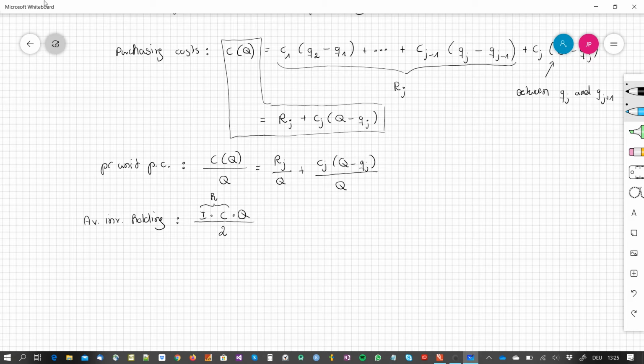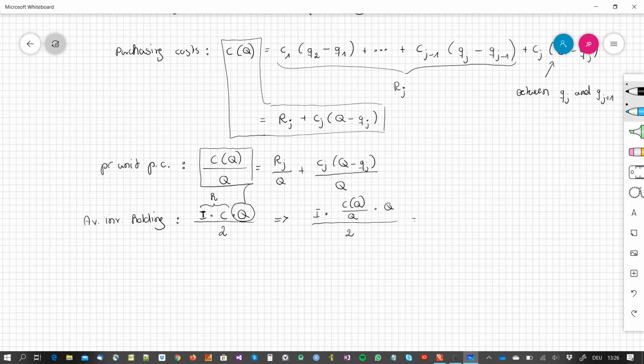This was what, when we derived the EOQ formula, we also called our inventory holding cost factor H. Now we regard it for the pricing scheme and the interest rate. And we can now set in the per unit purchasing cost for our Q. So this becomes E multiplied by C of Q divided by Q. And here we had also a Q standing.